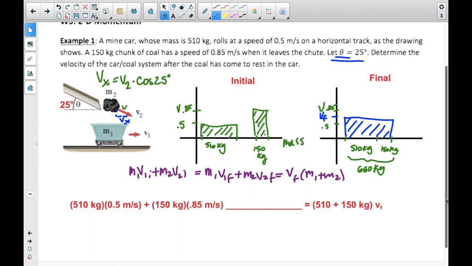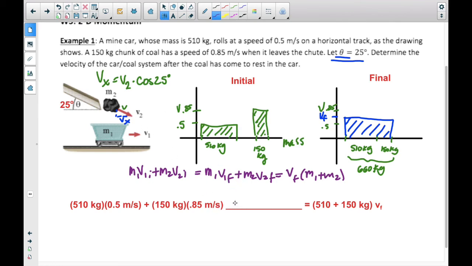So if I take a minute to plug in some numbers, my first mass is 510 kilograms, and it's going at a velocity of 0.5 meters per second. Then I also have my second mass, which is going at a velocity of 0.85 meters per second. And maybe when I drew my VF chart, I should have changed the size of this because it's not going the full 0.85 because we're only going to use the V sub x.